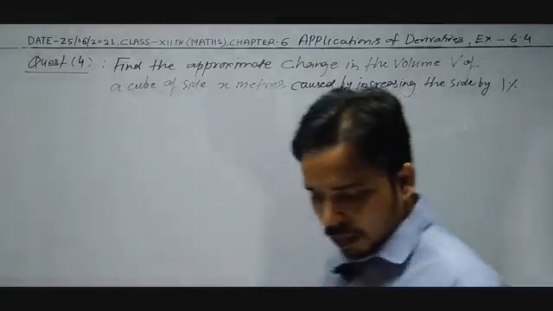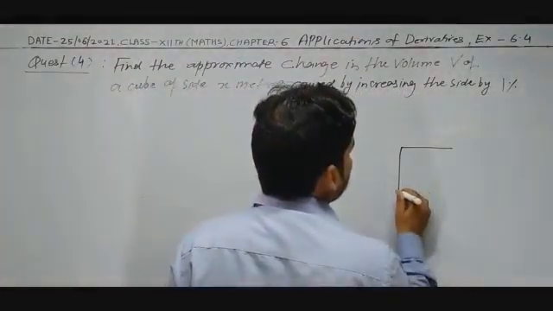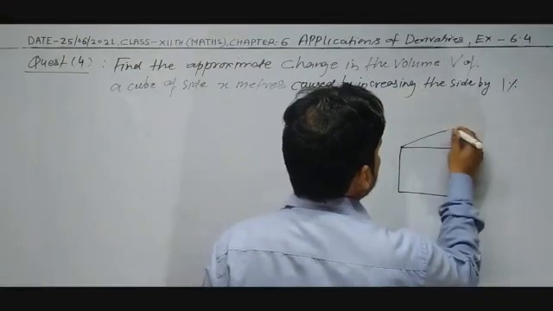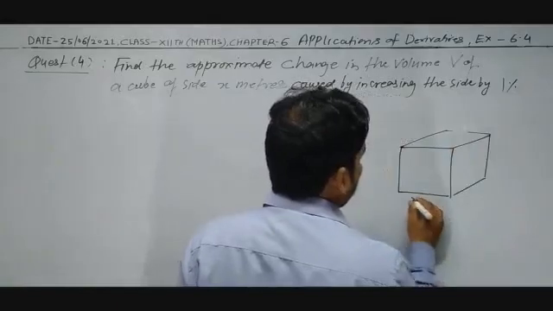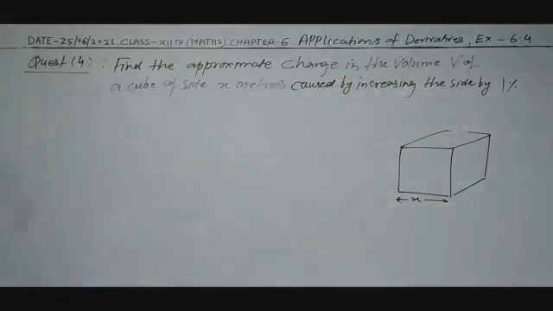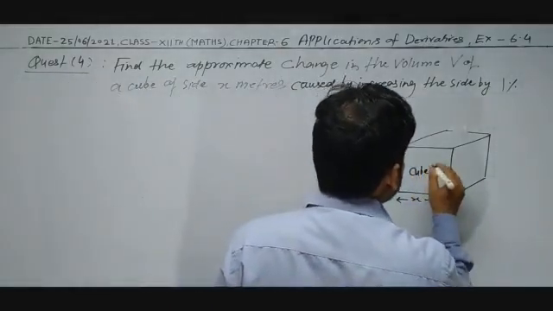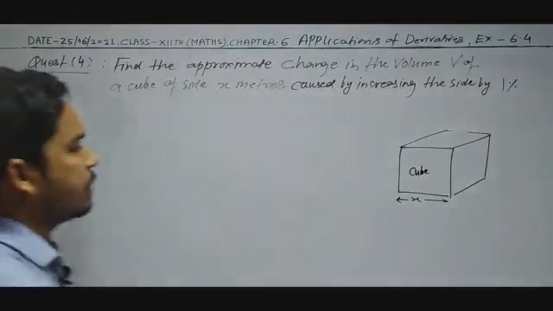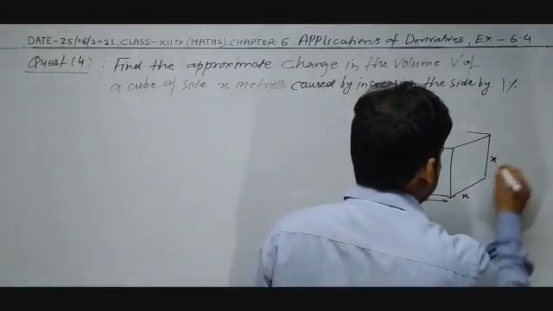So first of all consider a cube of side x meter. This is given, x meter. This is the cube of side x meter. So all its dimensions will be x.